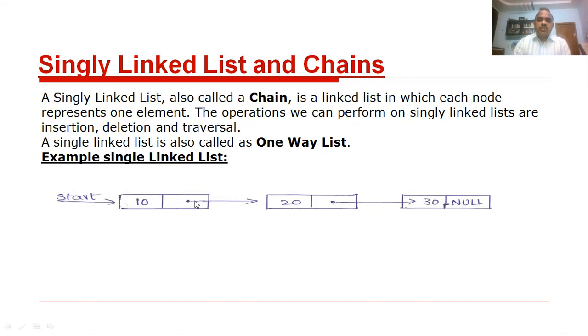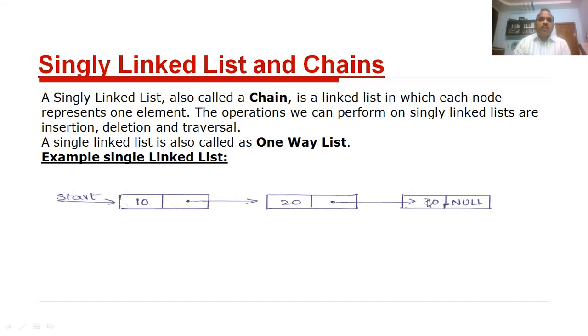This part is used to show the next node address, that means a link between two nodes. Then this is also a link between two nodes. The arrow shows the flow direction, from here to here, here to here. That's why this is called a one-way list.